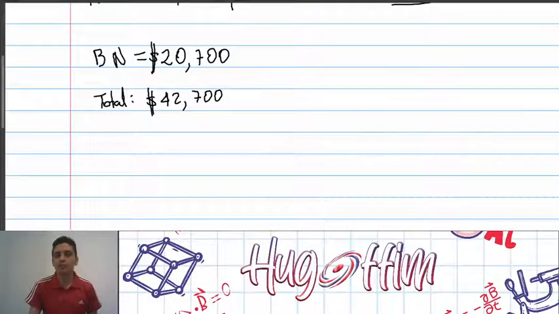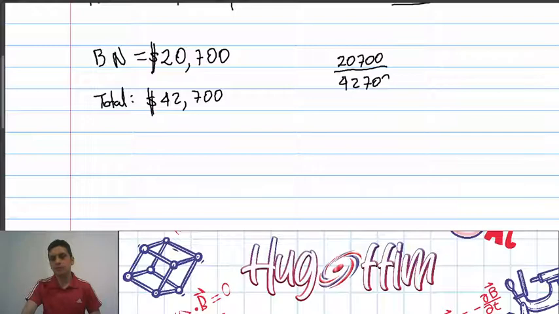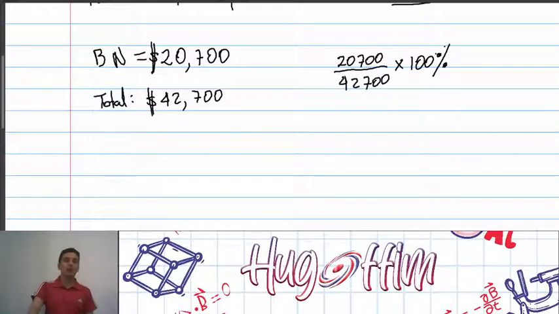Okay, if you remember about percent, to get the percent that basic needs correspond to the total, you just need to divide the basic needs value over the total value and multiply it by 100. That will be our percent. This is the way in which you can get the percent of this value.